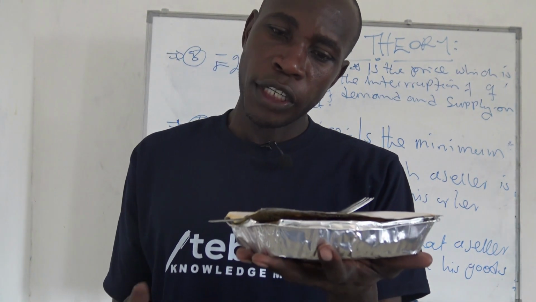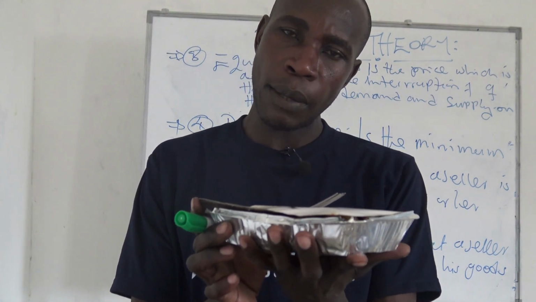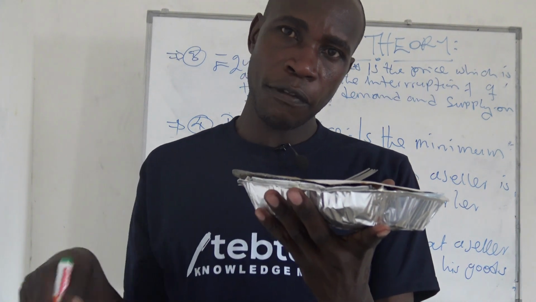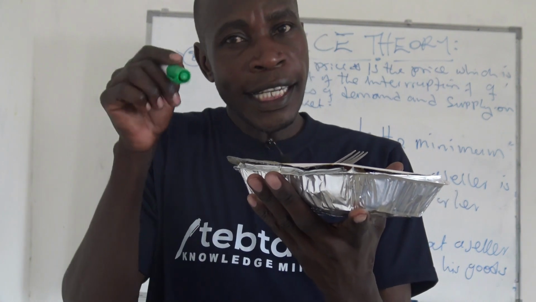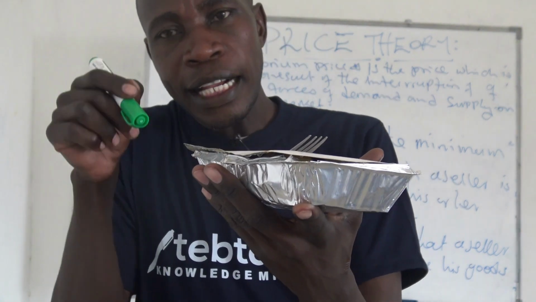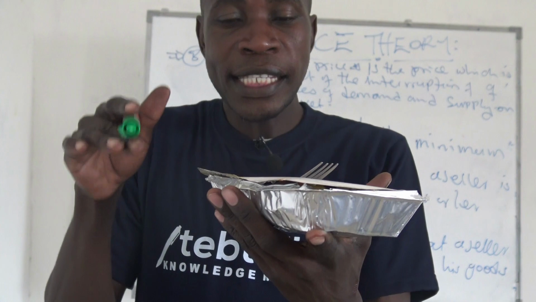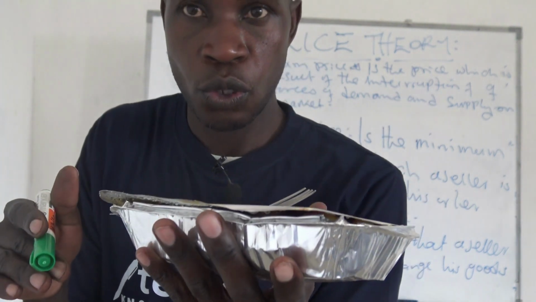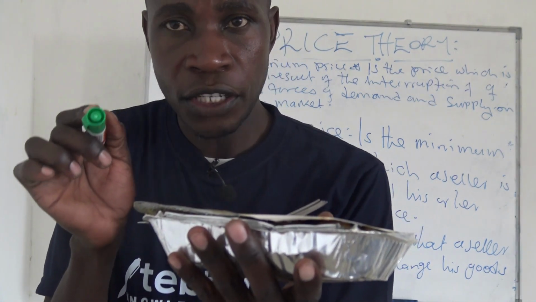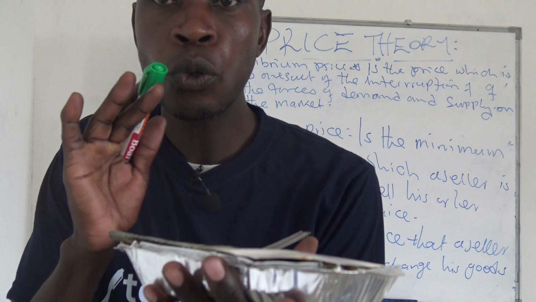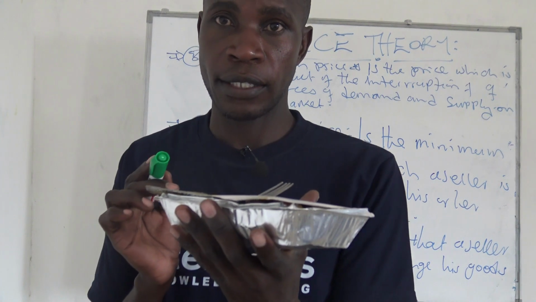What does it show? It shows that this person who went there wanted to remain with some money, that when I give him, he comes back with a balance. But the seller was not interested in selling below 10,000. Meaning that the lowest price he could sell this food was 10,000. Below 10,000, he could not allow himself to sell the product.